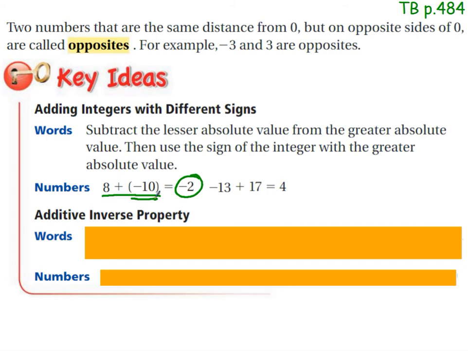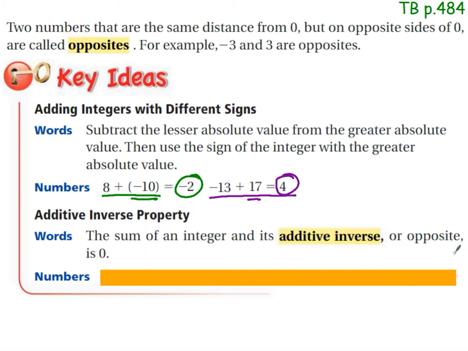So the answer is -2. Okay, in our other example, -13 plus 17 equals 4. We start with 17 because it has the bigger absolute value. I subtract 13, I get 4, and then I'm going to keep it at a positive 4 because the 17 does not have a negative.